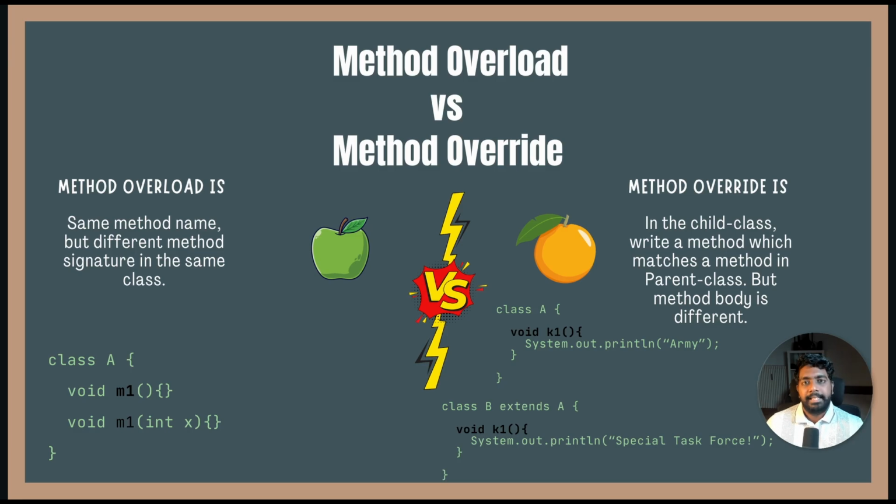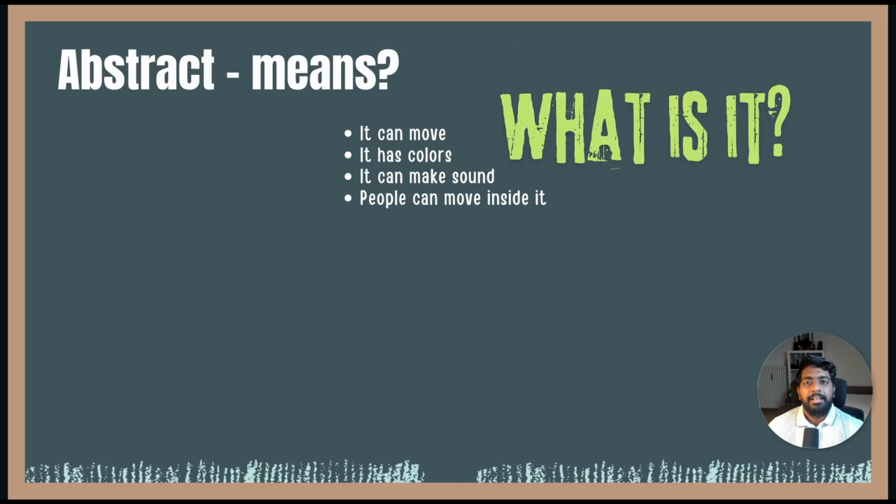And also inside the child class, we are redefining, customizing, or overriding a method implementation. So method overriding always involves a parent-child setup. But method overload is simply, inside a single class, we have multiple methods by the same name but with a different signature.